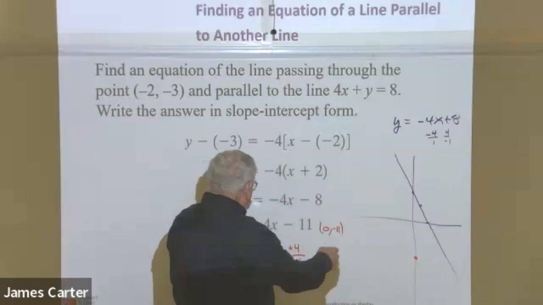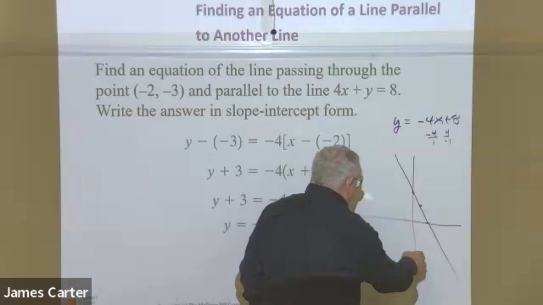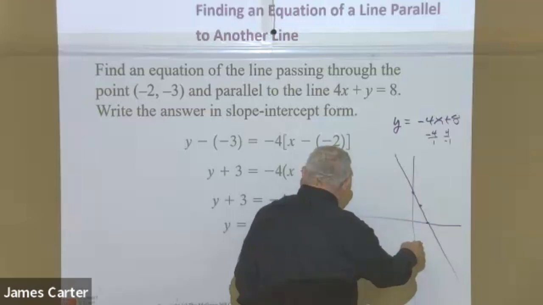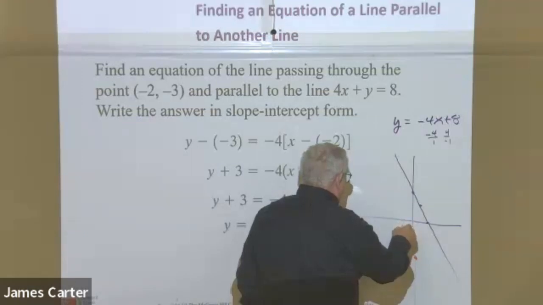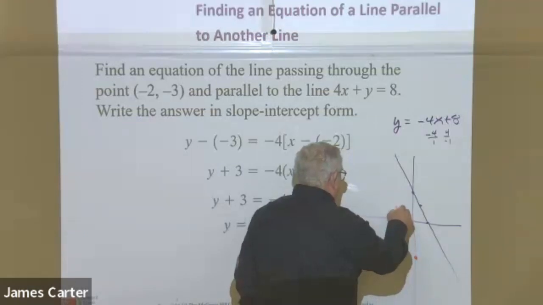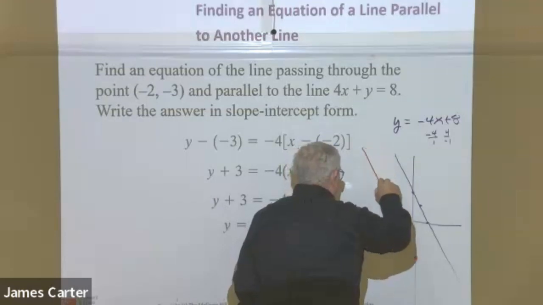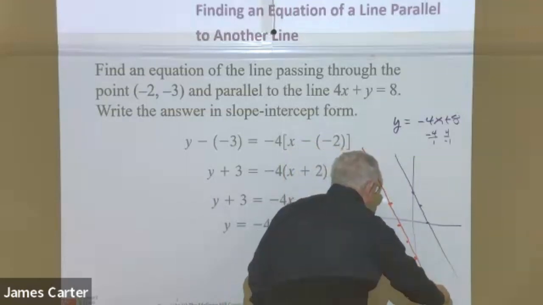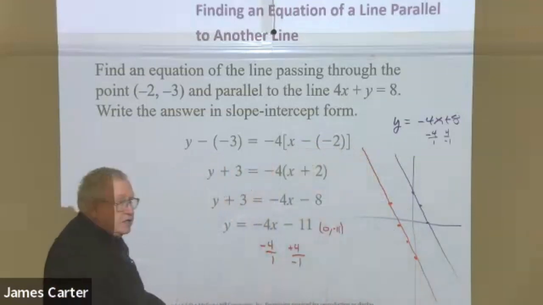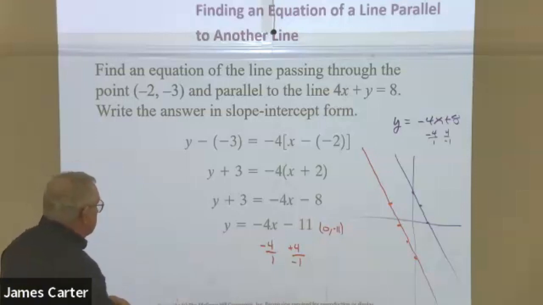So, from that, I can go up 4, 1, 2, 3, 4, and left 1. Again, up 4 and left 1. And as you see, those two lines are parallel.